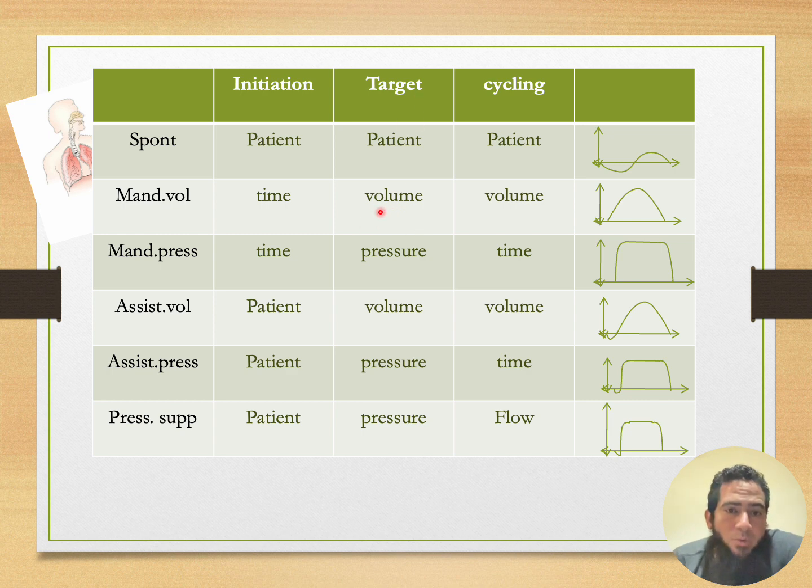The target will be to give this volume. So if you set it for 500 mL, the target is to deliver to the patient this 500 mL of air.